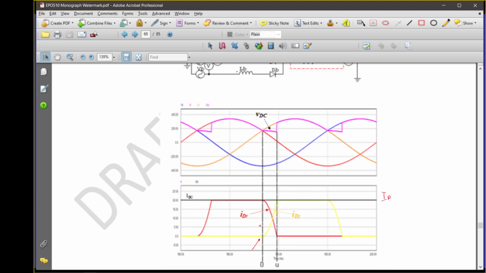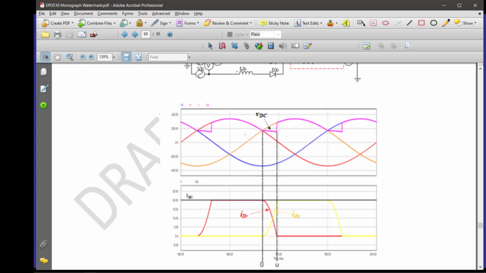During this window, you can see that the overlap happens. So we have an overlapping phenomenon here, also known as the commutation interval, from 0 to mu.